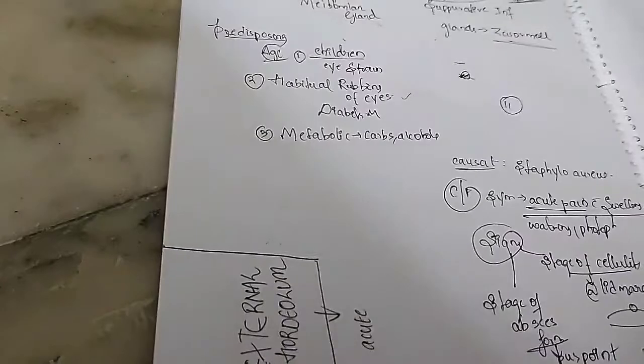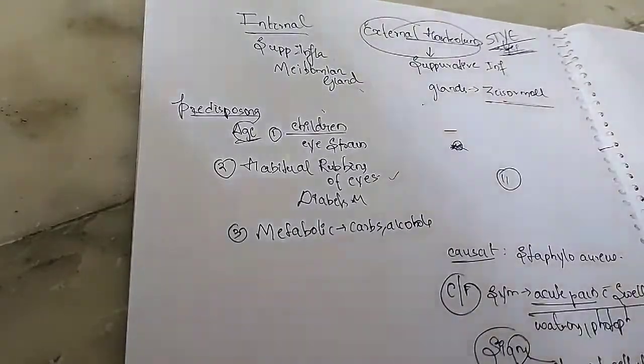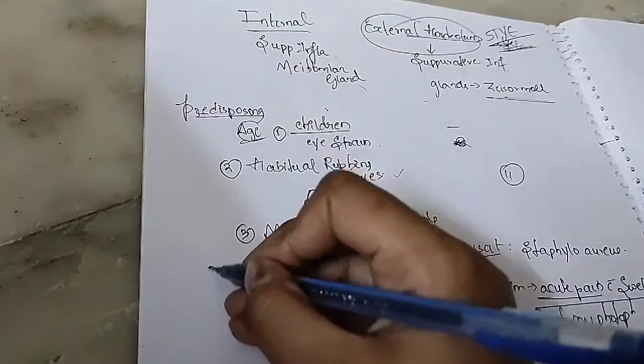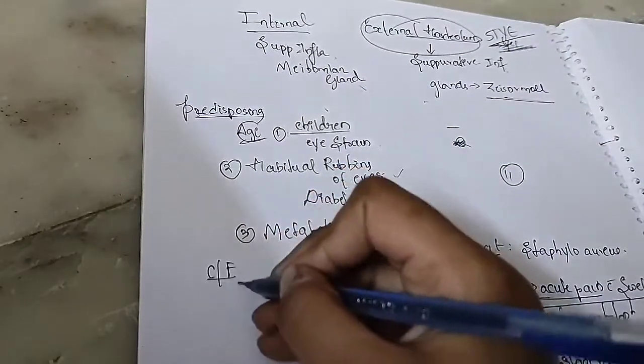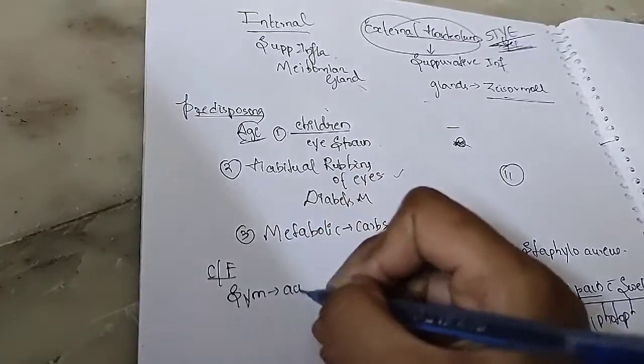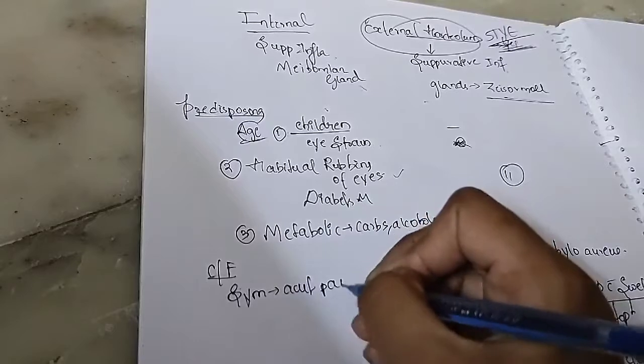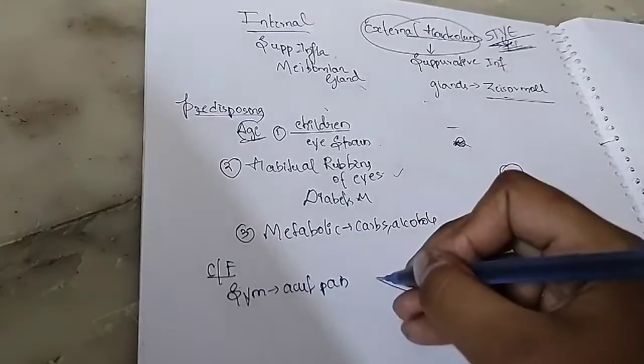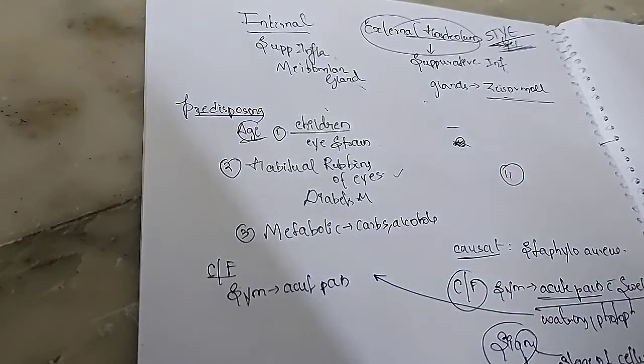So let us talk about how the clinical features of internal hordeolum present. In internal hordeolum, clinical features are mostly the same as external hordeolum. Symptoms: acute pain associated with swelling, mild watering, and photophobia, the same.